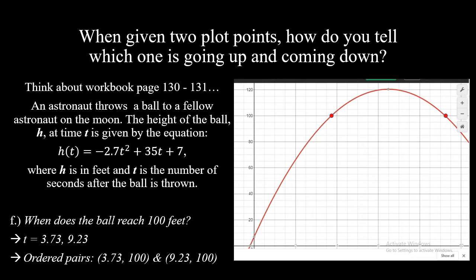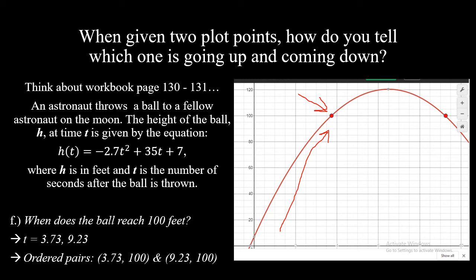If you look at them on the parabola itself, it should be pretty clear. This parabola is concave down. It has a negative a value, and you can clearly see that in this picture. So the ordered pair with the smaller x value would have to be the ball going up, and you can see that because the parabola is going up at that point.